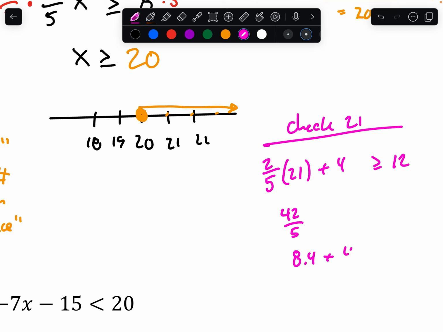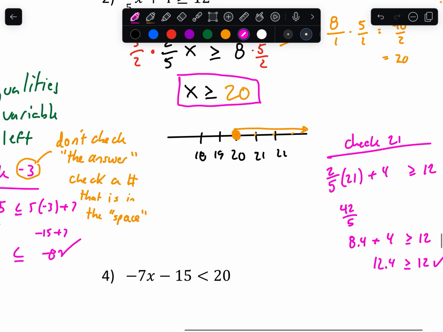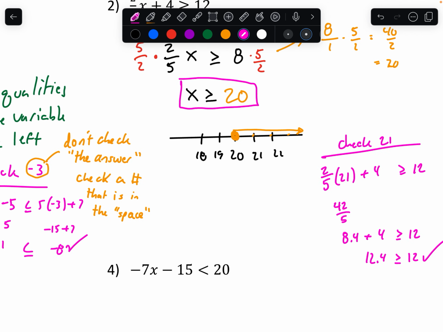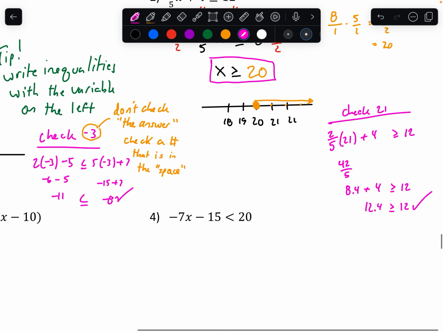You can just use your calculator if you need to. 8.4 plus 4 is 12.4. And 12.4 is greater than 12, so it checks out. So our answer works. Nothing too crazy going on there.